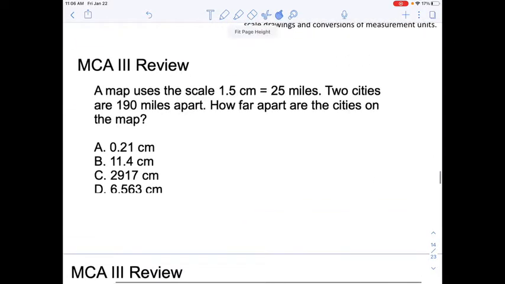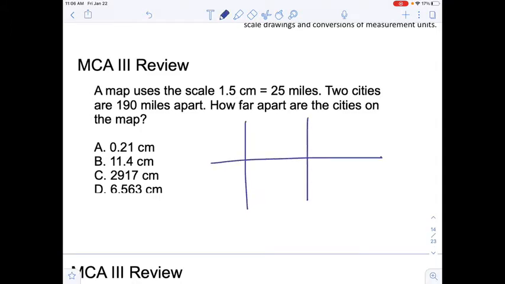Okay, so on your notes it says a map uses the scale 1.5 centimeters equals 25 miles. 2 cities are 190 miles apart. How far apart are the cities on the map? So a few different ways we could do this. I'm going to set up a table to help keep things organized. So I'm going to do centimeters and miles.